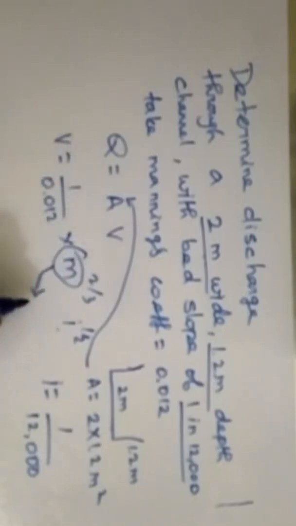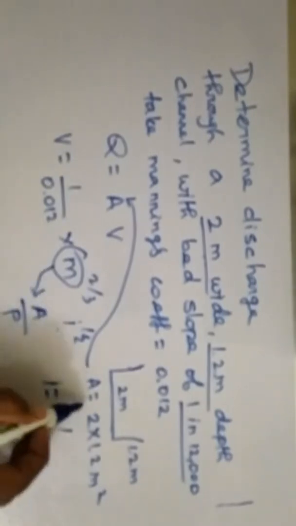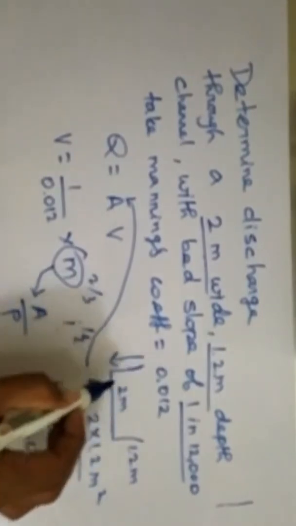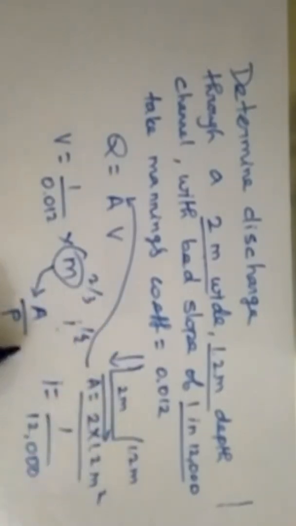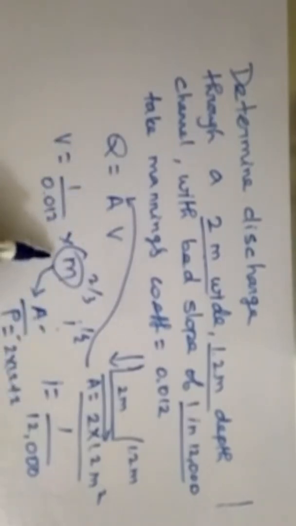The m value is equal to area divided by perimeter. I know the area. For perimeter, this 1.2 meter plus this 2 meter plus this 1.2 meter, so the perimeter is 2 times 1.2 plus 2 meter. By using this I can calculate area, perimeter and m. If I substitute this m value, I will get velocity equal to 0.51 meter per second.